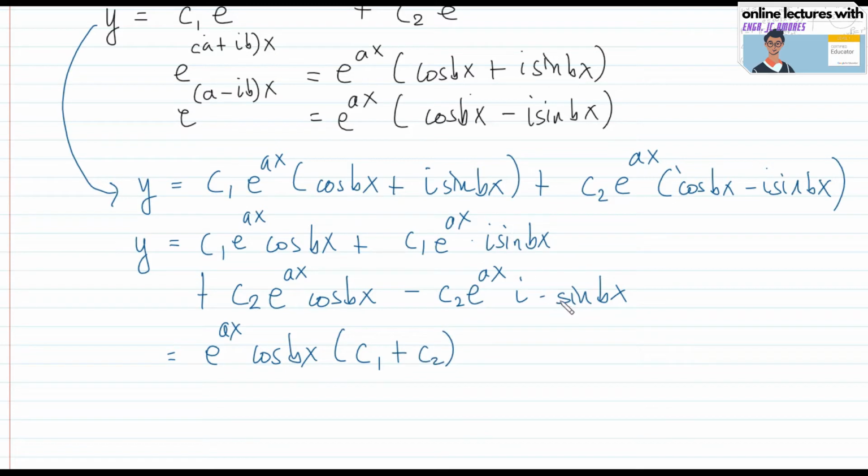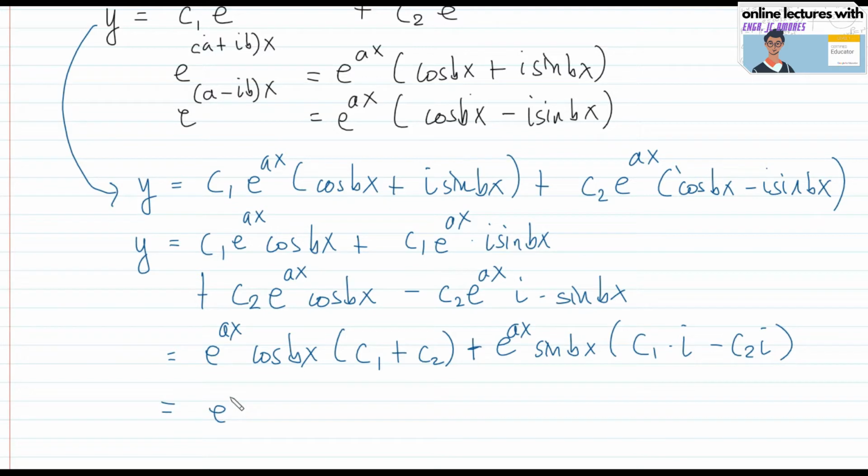For the other terms, the common factor is e raised to ax sine bx, and what would be left is c1 times i minus c2 times i.